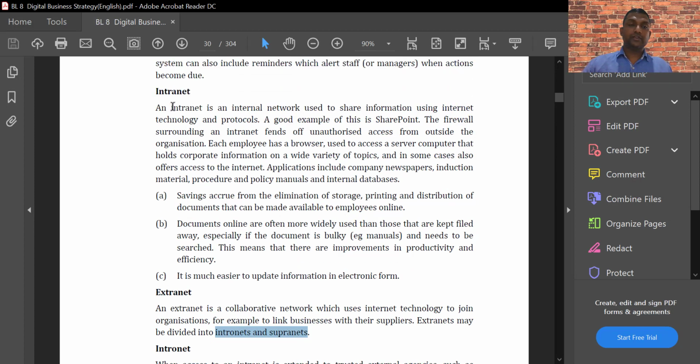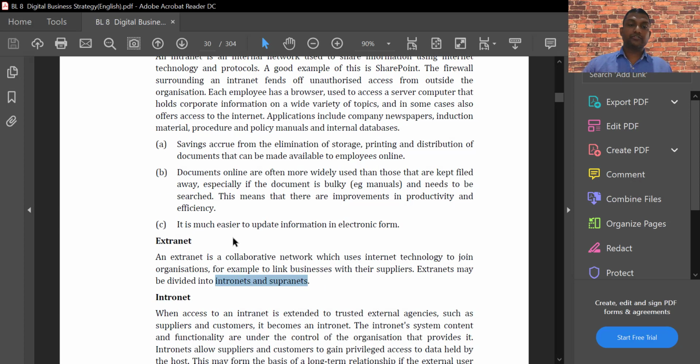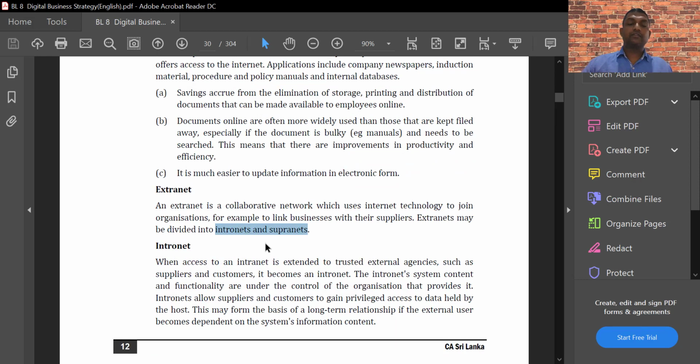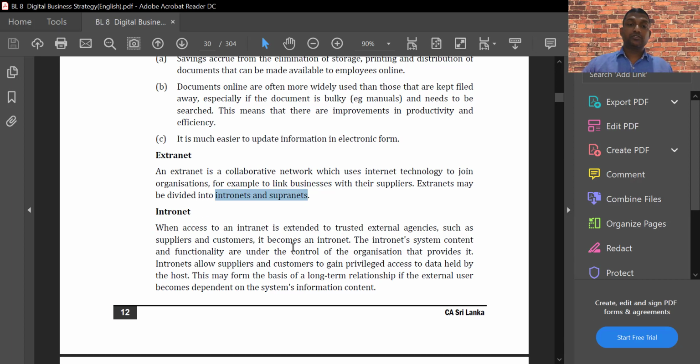So the main two categories are intranet and extranet, and under that it's further divided into intranets and supranet. If you first look at the extranet portion, it says that this is a collaborative network which uses internet technology to join organizations.